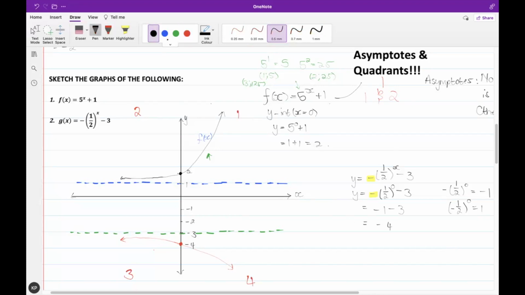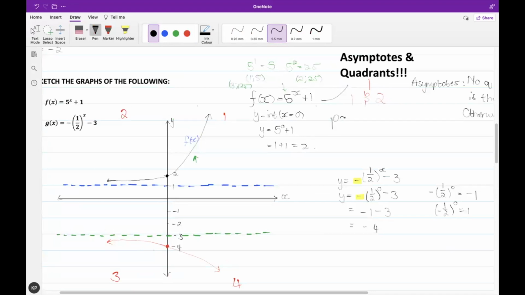So positive a, regardless of what it is, even if it's a fraction, quadrants 1 and 2, and negative a is quadrants 3 and 4.